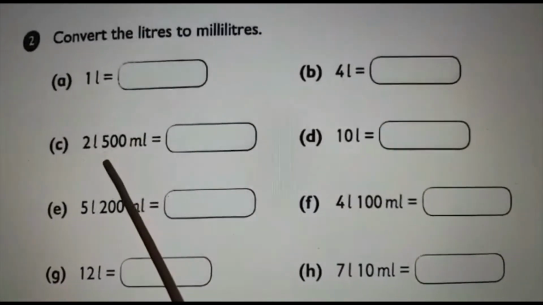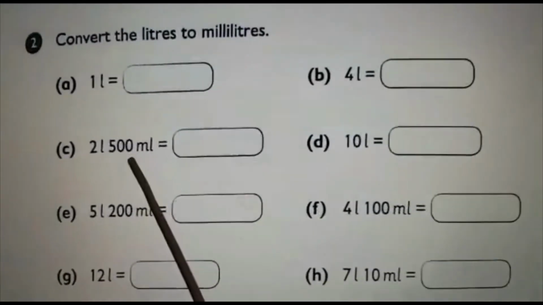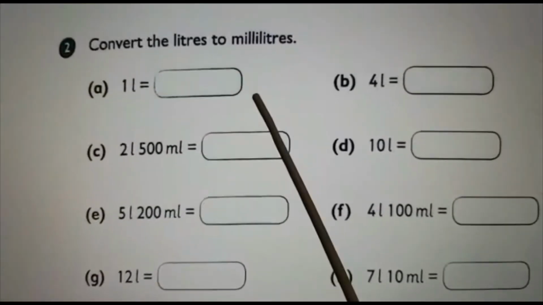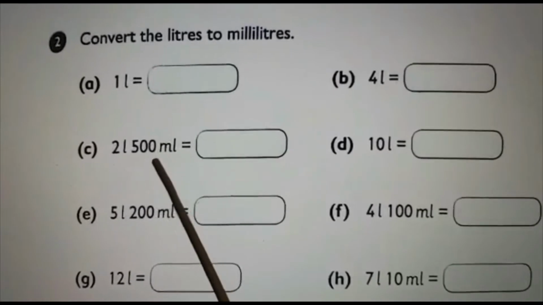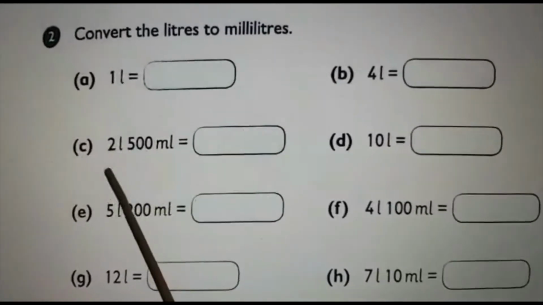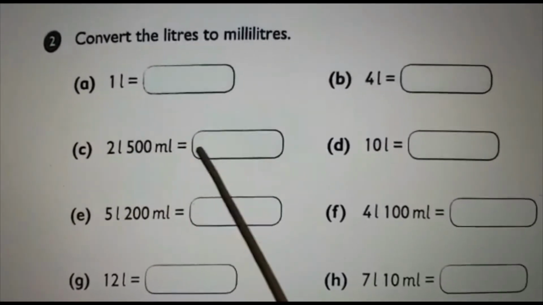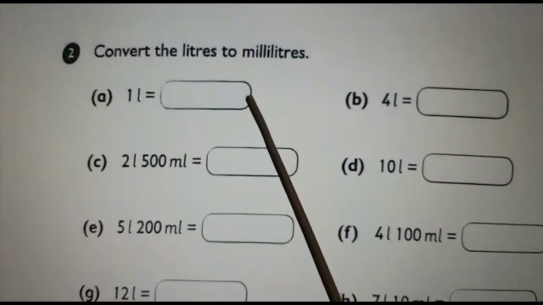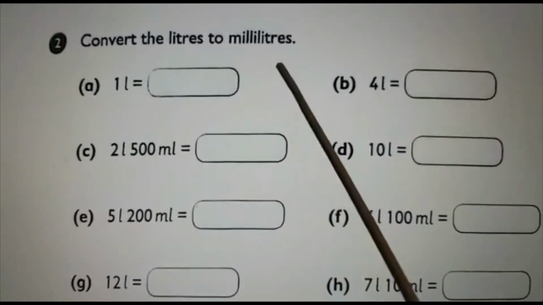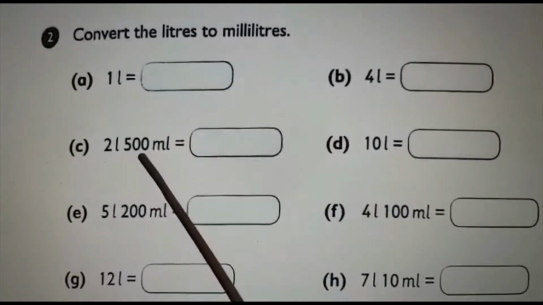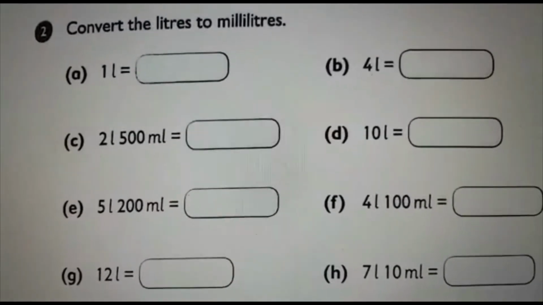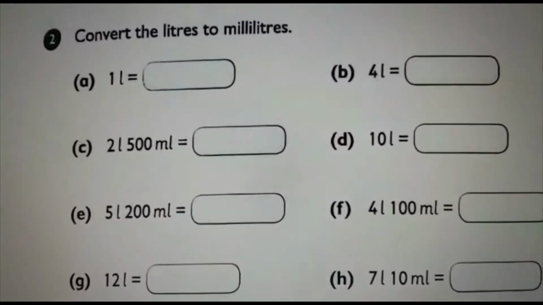Then coming to this question. 2 liter 500 milliliter we want to convert to milliliter. So 2 liter 500 milliliter means what? 2 liter plus 500 milliliter. Okay. We want to convert the whole answer to milliliter. So you look here. Here 500 is already in milliliter. So do we need to convert it again? No need to convert it. Is it?